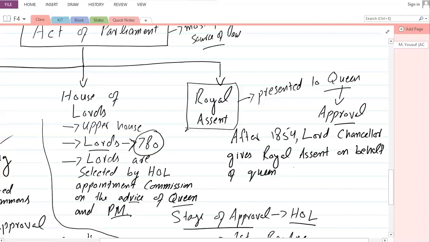So the Queen approves that bill, but the stamp that is compulsory for royal assent is stamped by the Lord Chancellor on behalf of the Queen. When the Lord Chancellor stamps that bill, it means that the royal assent is given to that bill. So finally, that bill is converted into the act.